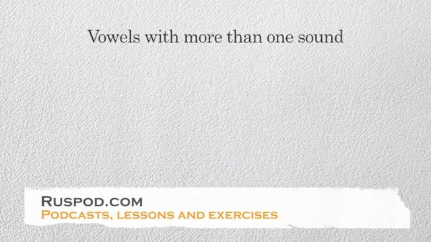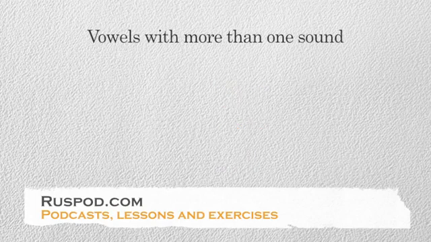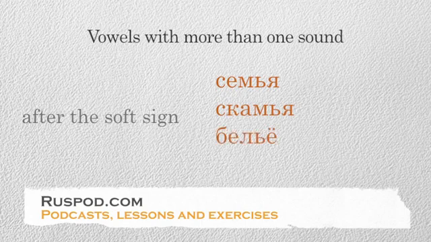The same thing happens if they stand after other vowels. Стая, Пою, поет, поел. The other case when these letters stand for 2 sounds is when they stand after the soft and hard sign. Don't forget that the soft sign makes the preceding consonants soft, like in the words семья, Скамья, белье, колье.